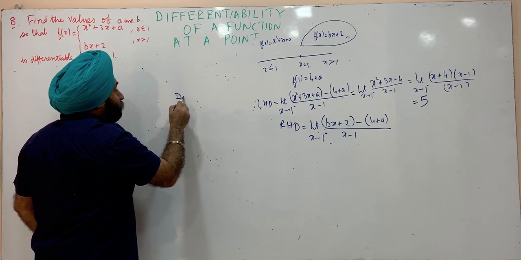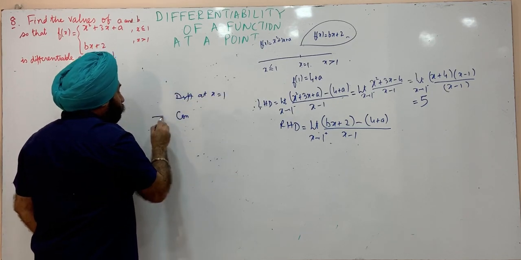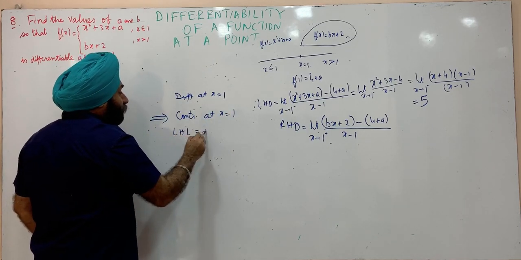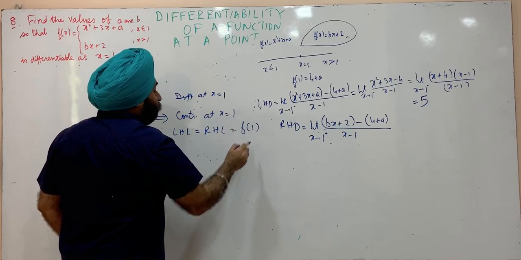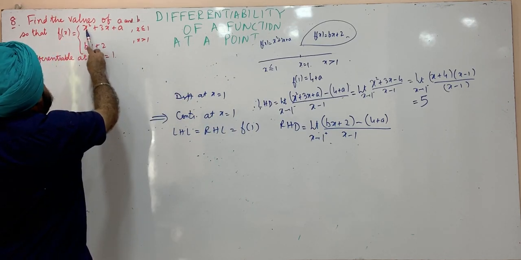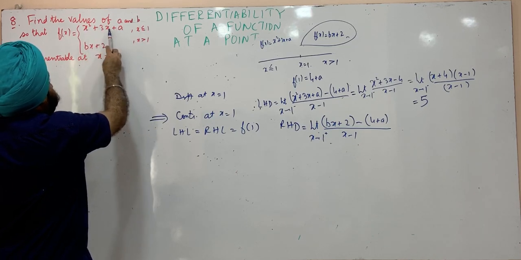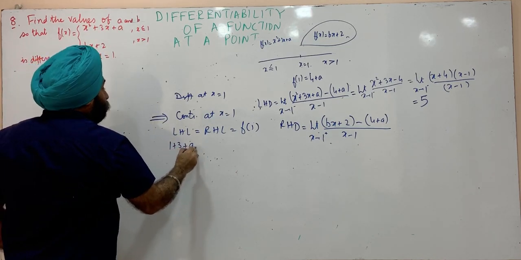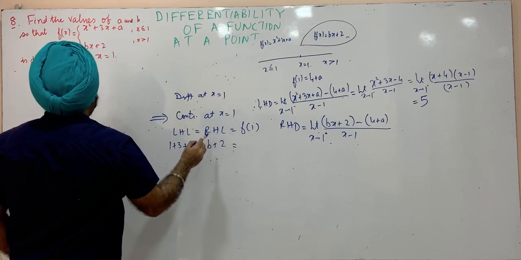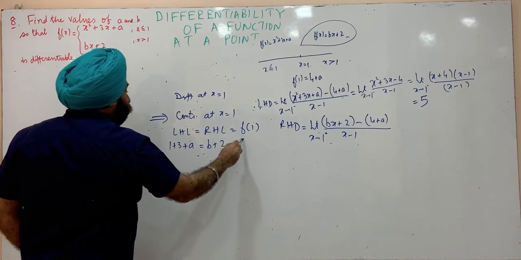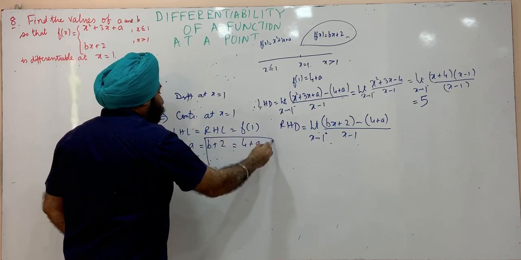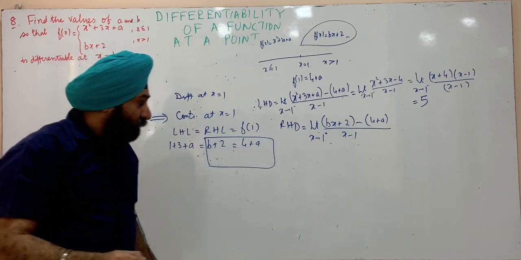So differentiable at x is equal to 1, this means function is continuous at x is equal to 1, that is left hand limit, right hand limit and value of function, the three are equal. So we find out left hand limit, that will be limit of this as x approaches 1, 1 plus 3 plus a. This is equal to right hand limit, that's b plus 2, and f of 1 is again 4 plus a. So this gives us relation between a and b, that b plus 2 is 4 plus a.